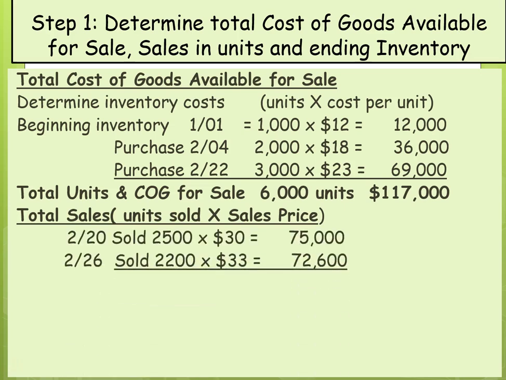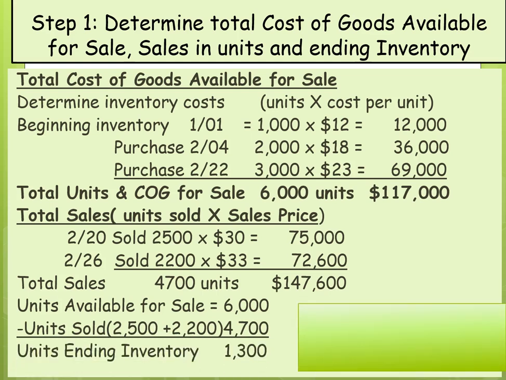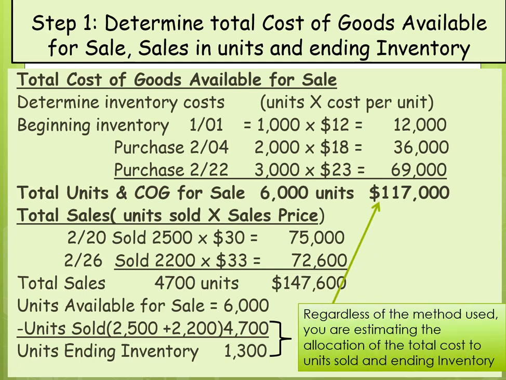I then figure out my total sales price based on selling 4,700 units, and now I can figure out how many units are going to be in ending inventory. And again, what we're trying to do is allocate that total cost of goods available for sale between units sold and ending inventory.